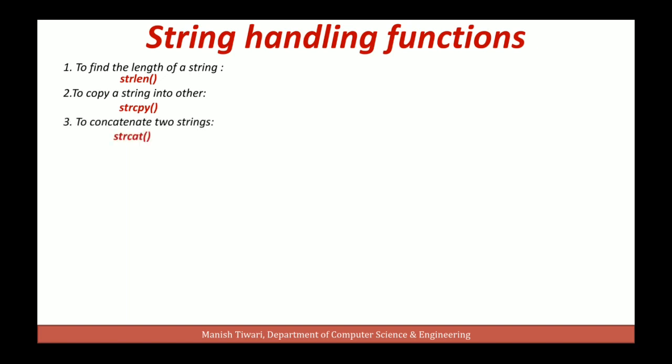And to concatenate or to join two strings, we use a function called strcat, the string concatenation function. And to compare two strings, whether they are the same or different, we use a function called string comparison, strcmp. And to reverse a string, we use the function string reverse, strrev.